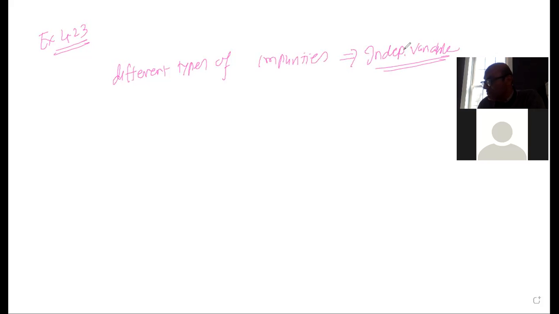Suppose that X and Y are independent random variables. It is mentioned here clearly, X and Y are independent random variables. It was not the case in the previous example.